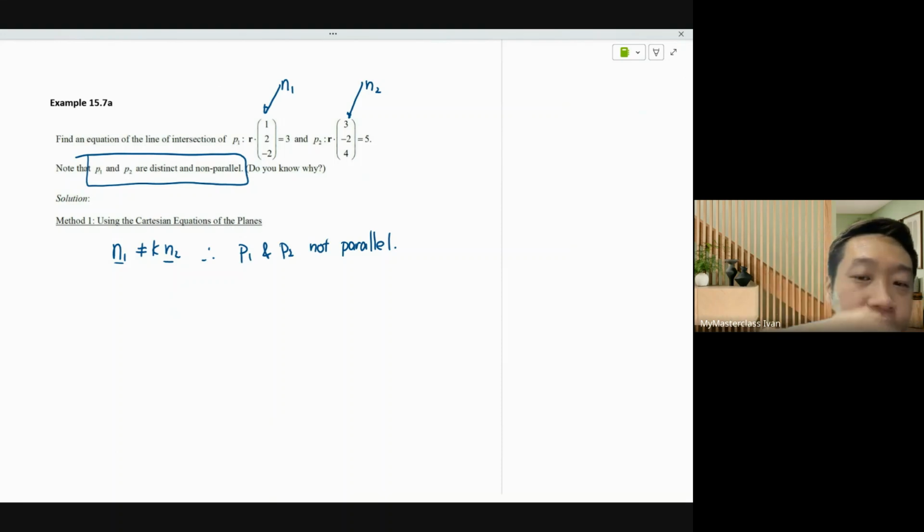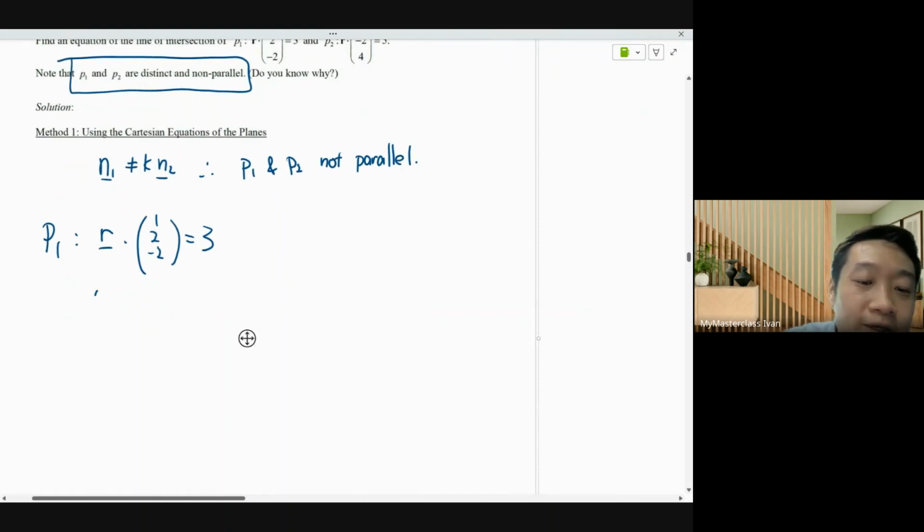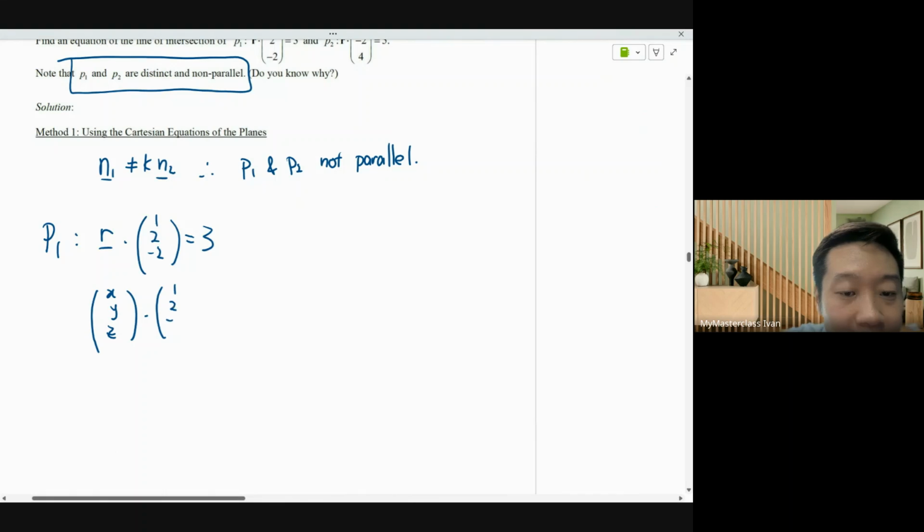So let's convert. P1 is r dot (1, 2, -2) equals 3. How to convert this to a Cartesian equation? R means x, y, z dot (1, 2, -2) equals 3. So I have x plus 2y minus 2z equals 3.